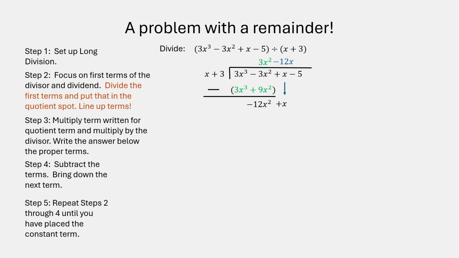Minus 12x times x is minus 12x squared. Minus 12x times 3 is a minus 36x. And now, subtract. Very good. Now notice I changed it up on you. I know I'm subtracting. They're both negative, so minus a minus is always a plus.